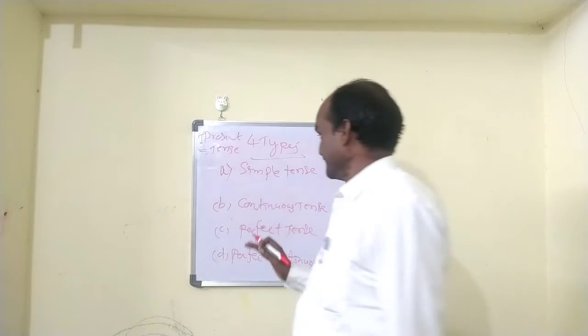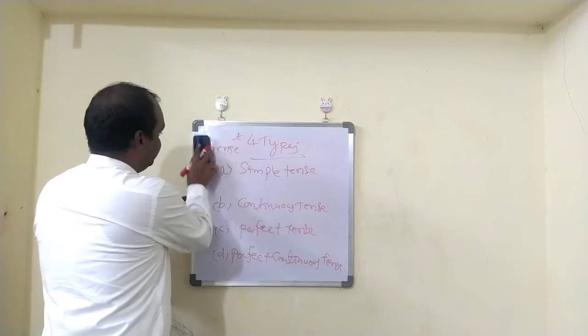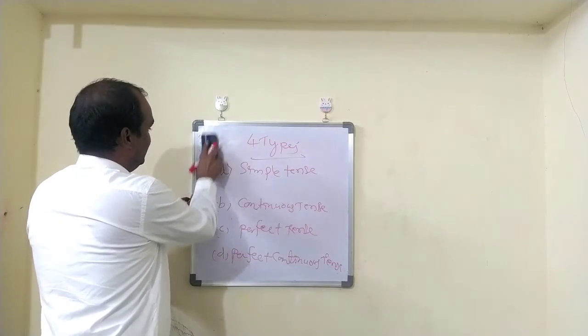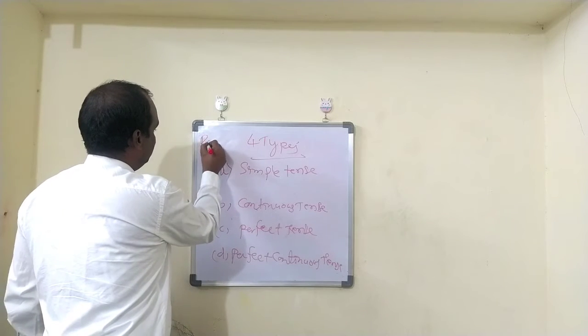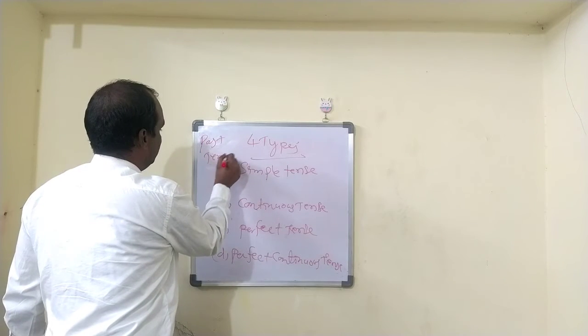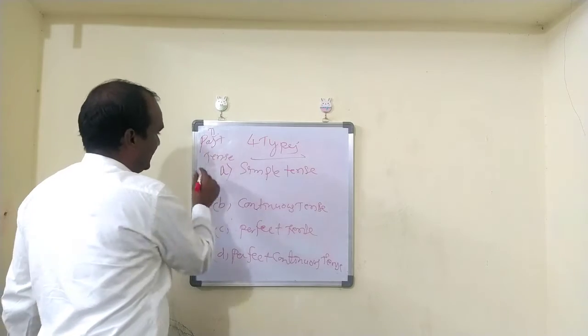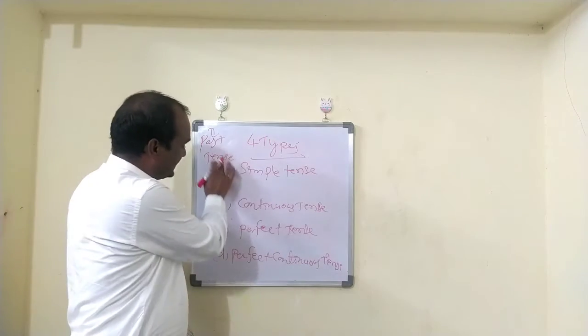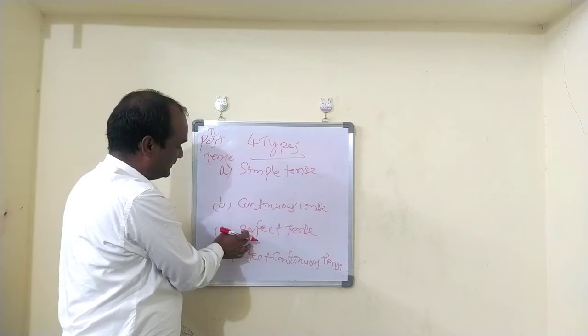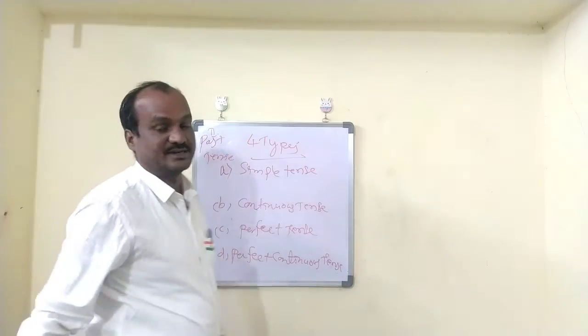Right. Next, you take here past tense. Past tense, okay, the second type. Simple past tense, past continuous tense, past perfect tense, past perfect continuous tense.